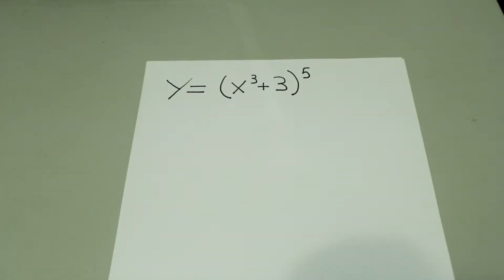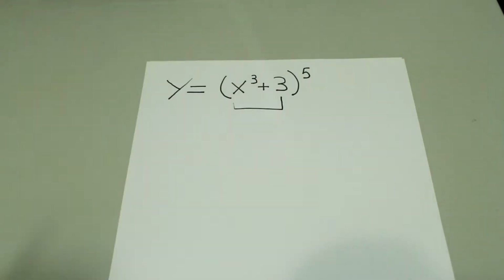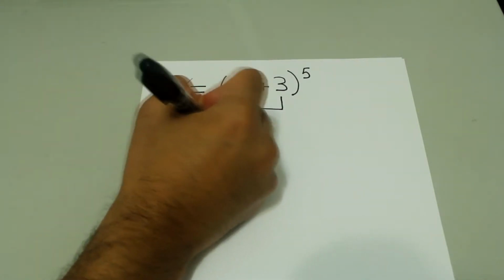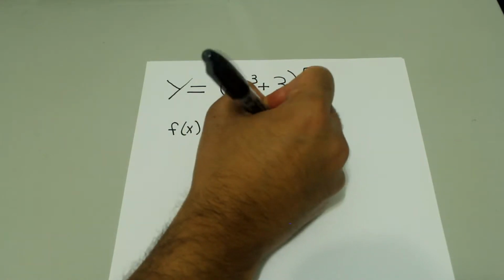First, let's identify the function inside a greater function. Well, I can say that the expression inside the parentheses would be the inner function. So let's just call it f of x. f of x equals x cubed plus 3.